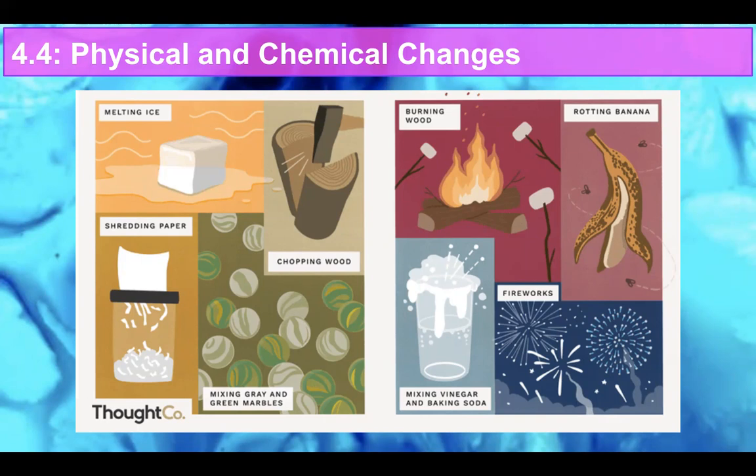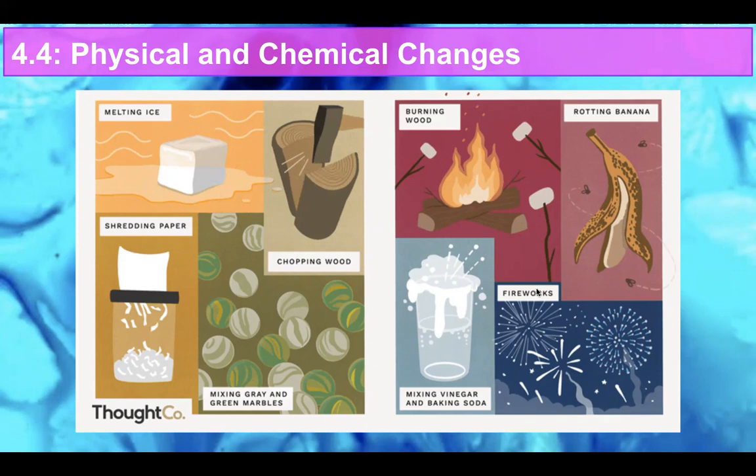Strong ones, but IMFs nonetheless. And that same thing is happening when you chop wood, when you shred paper. We're not changing anything about it. This is still paper, this is still wood, it's just smaller pieces of them because we are breaking the forces that are holding the molecules together.